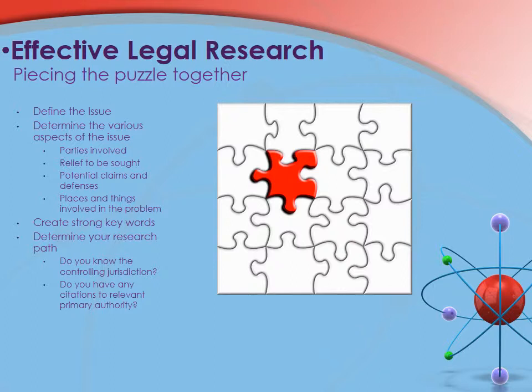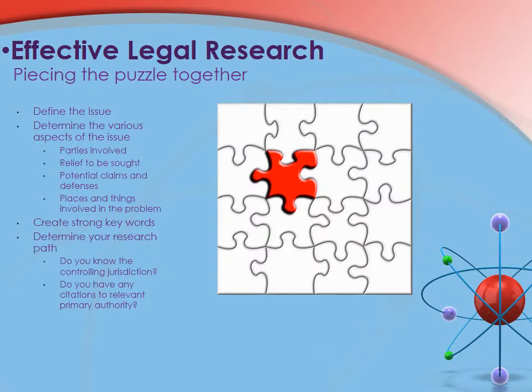Do you know the controlling jurisdiction? Is it a federal court, a federal jurisdiction case? Like you could be dealing with a civil rights issue. That would be in the federal jurisdiction.